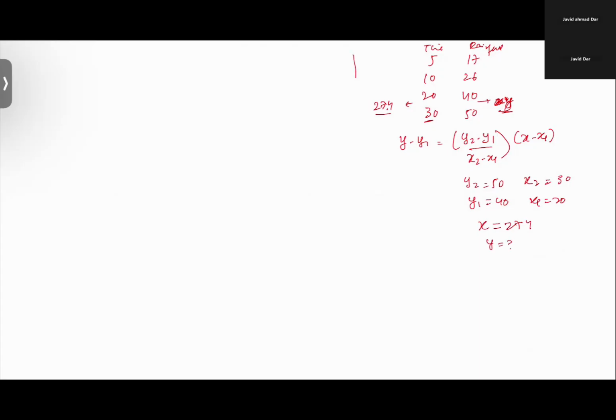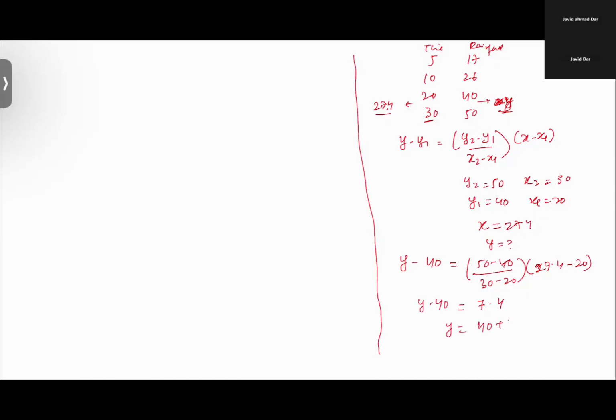So y minus 40 will be equal to 50 minus 40 divided by 30 minus 20, into 27.4 minus 20. This will be 7.4 because 10 and 10 will cancel. So y will be 40 plus 7.4, which is 47.4 mm.